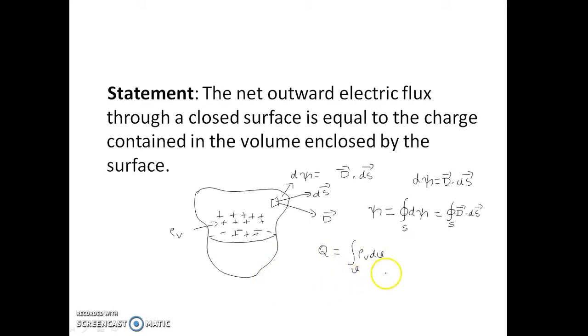So Gauss law states that the flux emerging from the closed surface is equal to the charge enclosed within the volume that is enclosed by the surface. So this is the integral form of Gauss law.